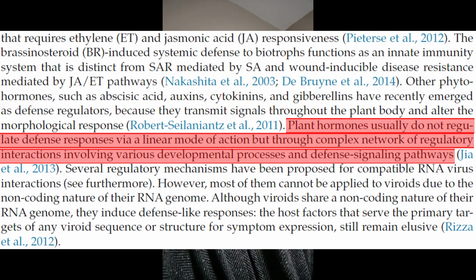So plant hormones usually do not regulate defense responses via a linear mode of action, but through a complex network of regulatory interactions involving various developmental processes and defense signaling pathways. Anyone who's ever used hormones knows that the dose is very important. I guess whether we're talking about animals or plants, right?